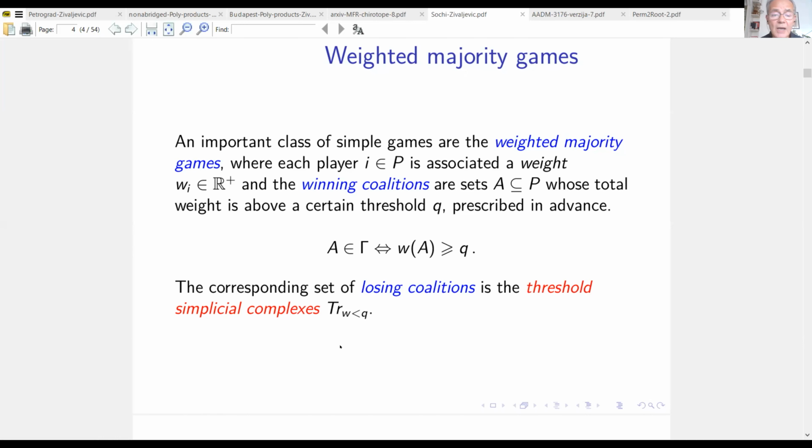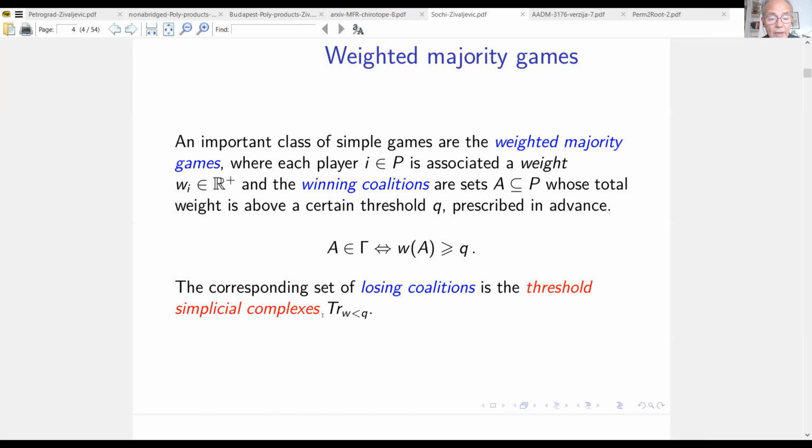Then you decide if a subset of players, a coalition, is winning or not, depending on the total weight of all players from that coalition. If the total weight is greater than or equal to the quota, then of course the coalition is winning. And in the opposite case, it is losing.